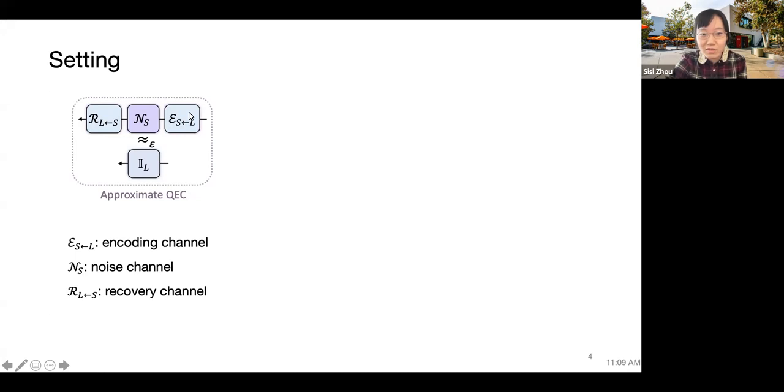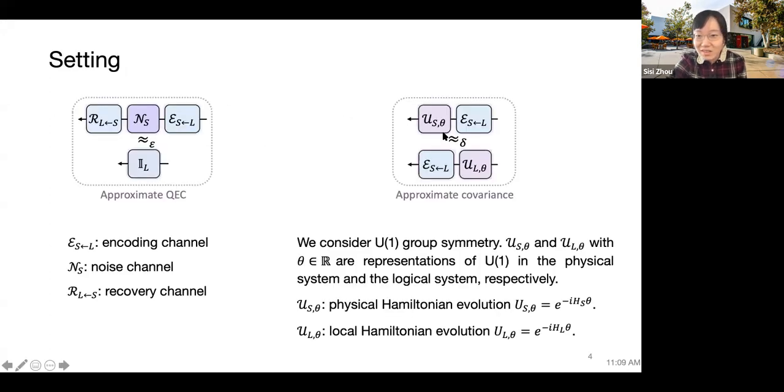We are also going to consider another aspect of this code, which is its approximate covariance. Here we just consider a U(1) group symmetry. U_S(theta) and U_L(theta) are representations of the U(1) group, where S and L mean the physical system and the logical system.